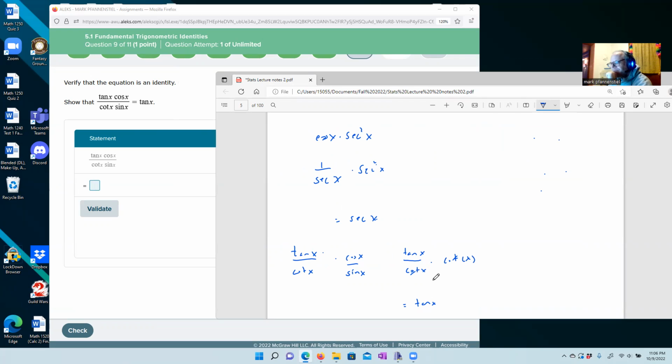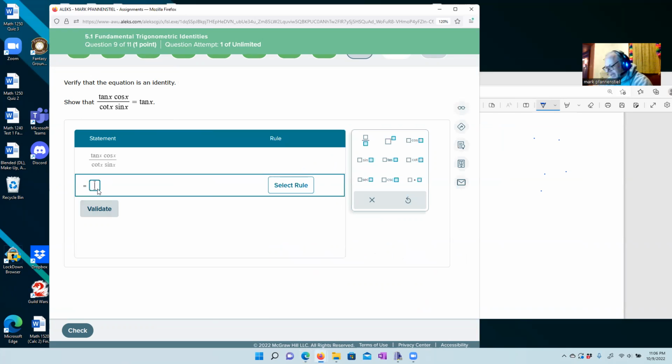Okay, so let's see what we have here. My first thought was just to take cosine over sine. So we're going to say this is going to be tan x, and over, oops, I was afraid I was going to do that.